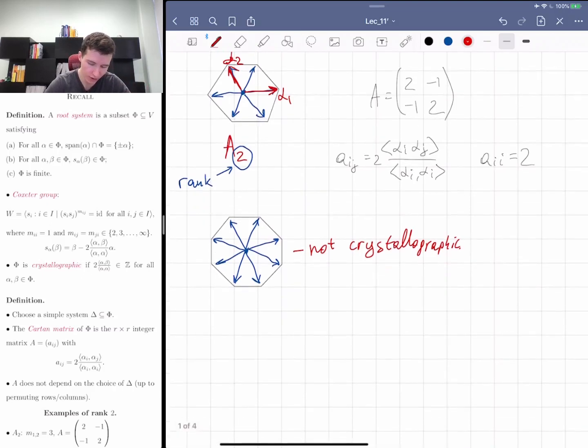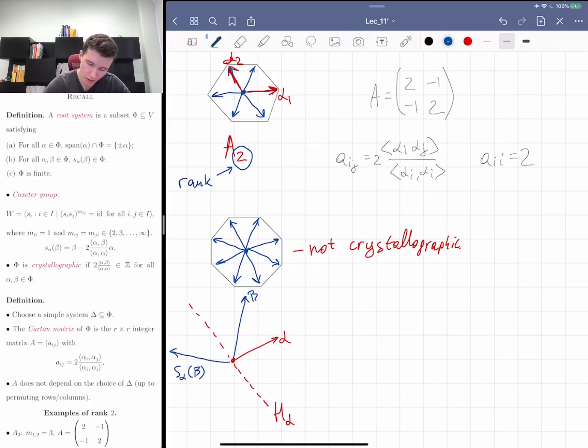So what is this crystallographic condition really telling you? It's telling you that this number is an integer, but what is this number? This number tells you that if you choose some root, let's say you choose a root alpha, and then you choose some other root beta, and then you reflect beta with respect to the hyperplane, well, in this case the line orthogonal to alpha, and you get some other guy which is S alpha of beta.